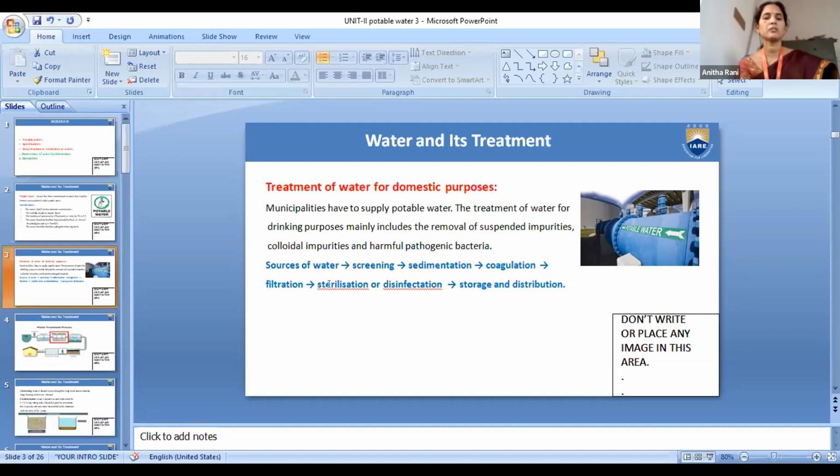Five steps are there. What is the first step? Screening. Second step is sedimentation. Third step is coagulation. Fourth step, filtration. Fifth step is disinfection.